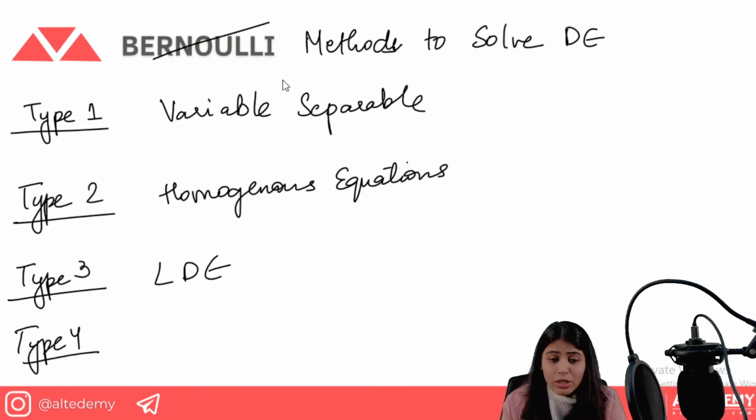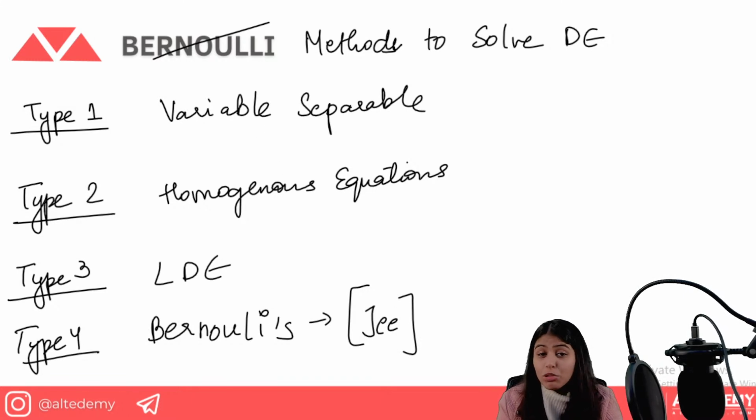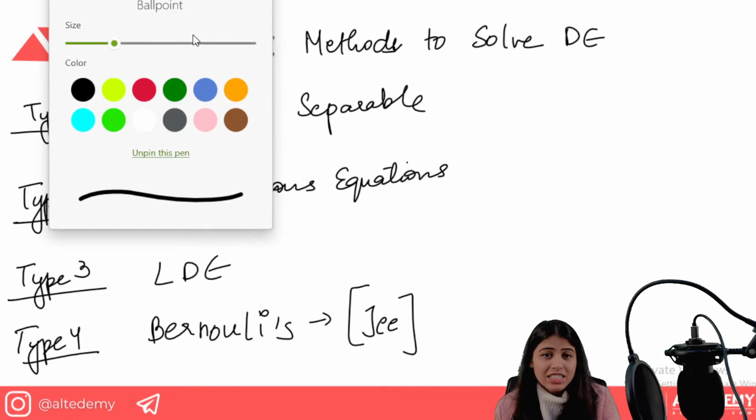Whenever these 3 types cannot be applied, then we apply Bernoulli's. Bernoulli's is an extension, it is only in your JEE. You don't need to study it for your boards. I suppose Bernoulli's is only asked in JEE. Now what is the most asked type in JEE?